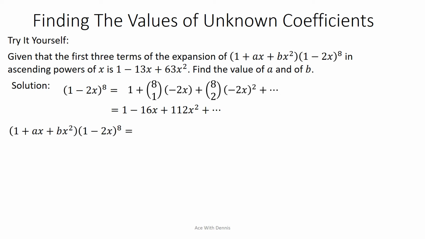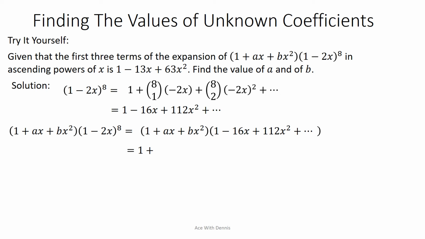Now we go to the expansion of 1 plus ax plus bx squared times 1 minus 2x to the power 8, which equals 1 plus ax plus bx squared times 1 minus 16x plus 112x squared plus dot dot dot.